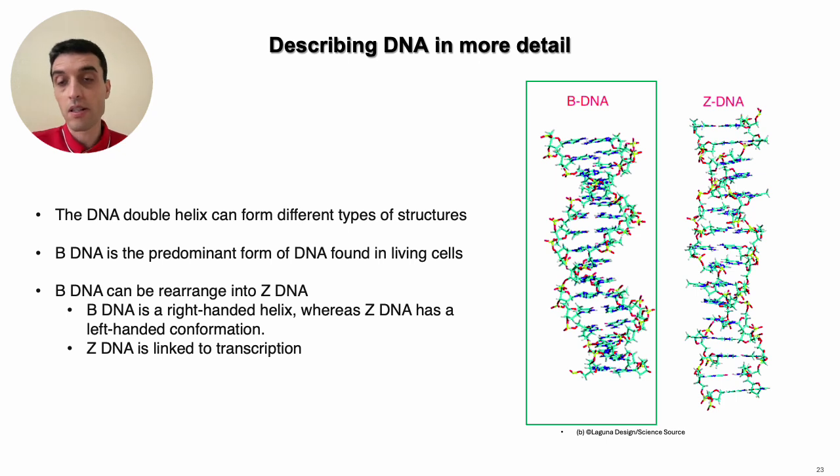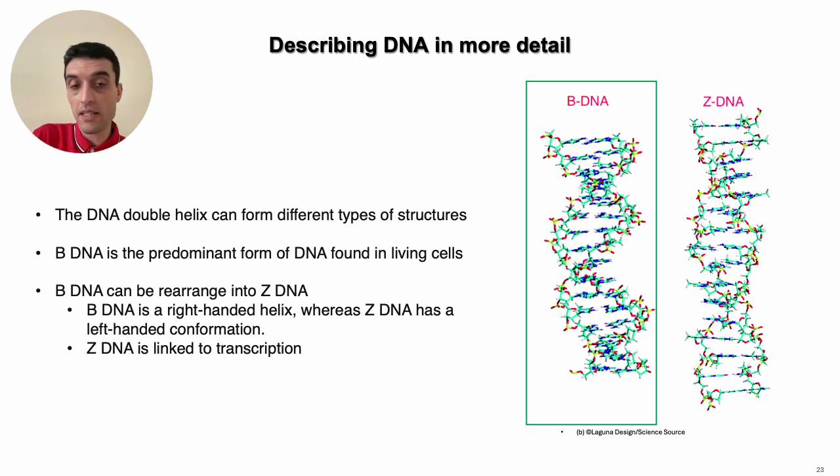Of course, DNA doesn't stay in a single stable double helix form. The form that we find in most living cells is called B-DNA, and this B-DNA can be rearranged into a Z-DNA that's basically a mirror image of the B-DNA.